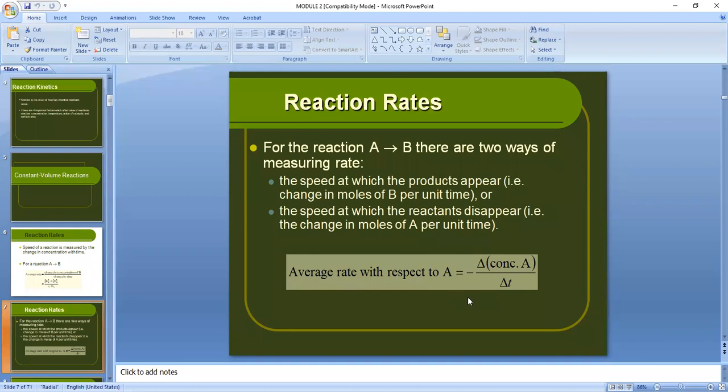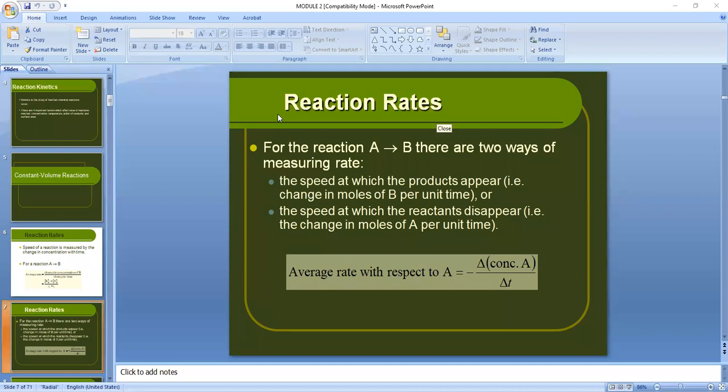Anybody who knows the reason behind why you have negative of the change in the concentration of A divided by the change in time? When you speak of average, okay, somebody wrote in the chat box, consumed amount. Kaka-consume an A over time. So if A is being consumed, thank you for your answers.